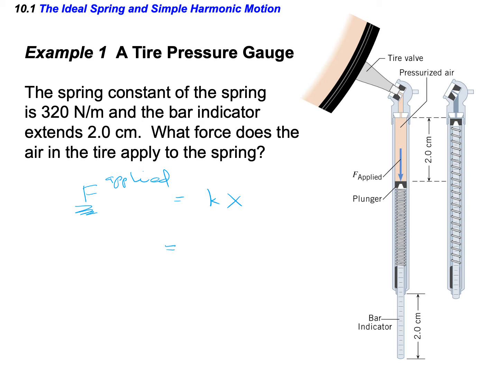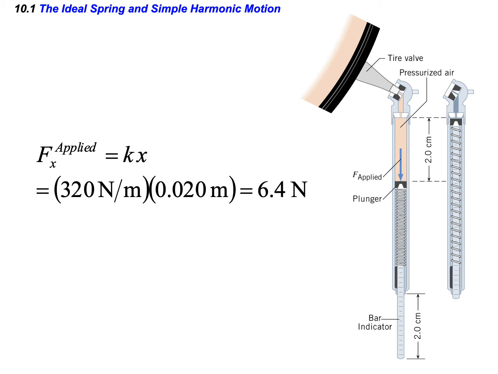If you know the spring constant, which is given as 320 newtons per meter, and the length it expands, 2 centimeters, divide by 100 to get meters. Actually, 320 times 0.02 is not 0.6, so the right answer is 6.4 newtons. That's the applied force by the air in the tire.